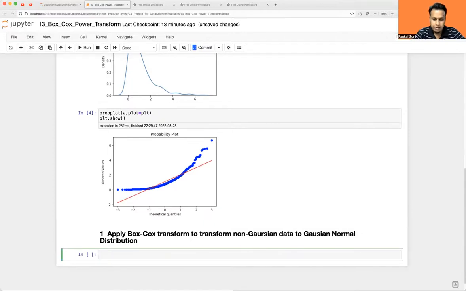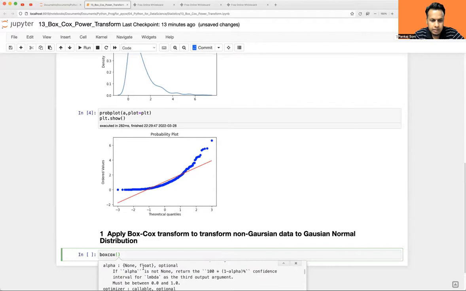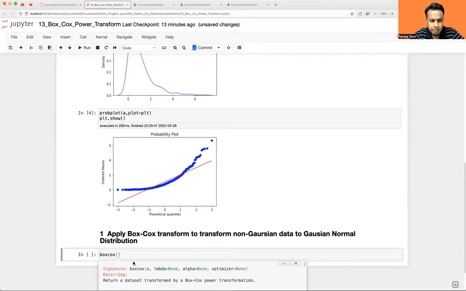We have the direct function boxcox, and what it takes basically is an array, which is nothing but your A array which we have created. And lambda, since we are going to calculate it, we don't know it upfront, right? So I'm not going to give anything. It is going to find the best fit, and accordingly find out which particular lambda is there. Alpha, don't worry about this, let's leave it.